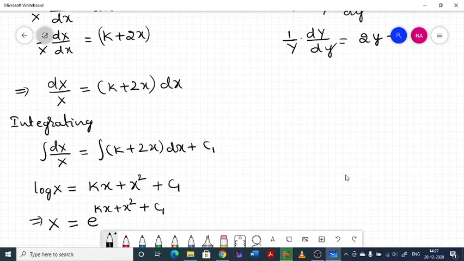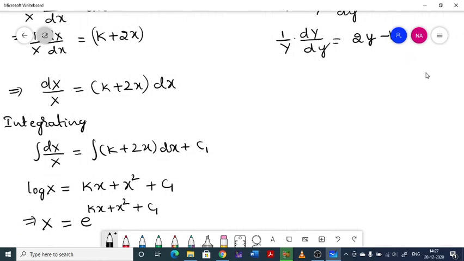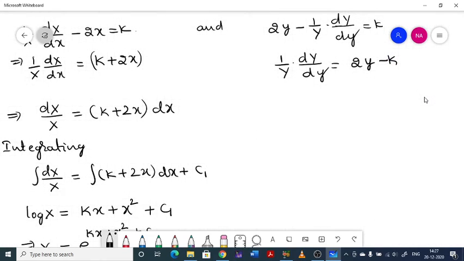Similarly, on this side you have 1 by Y, dY by dy equal to 2y minus k. So from this you will get dY by Y equal to 2y minus k into dy.